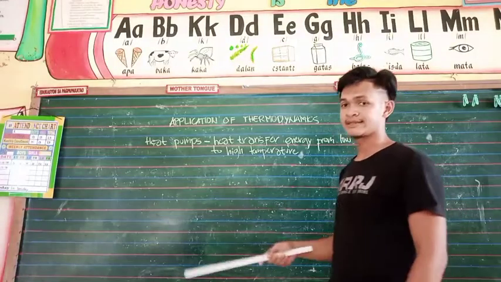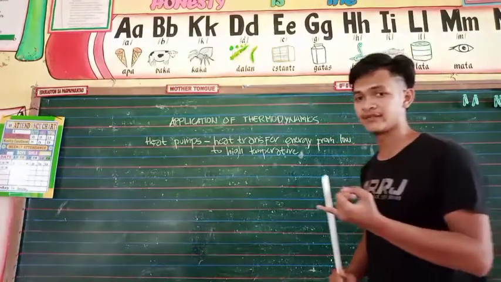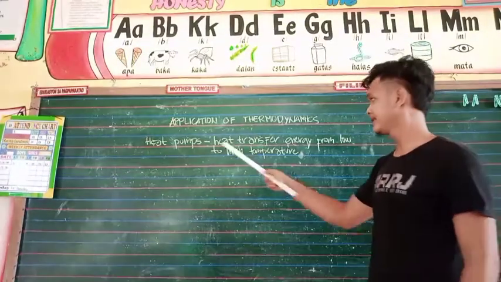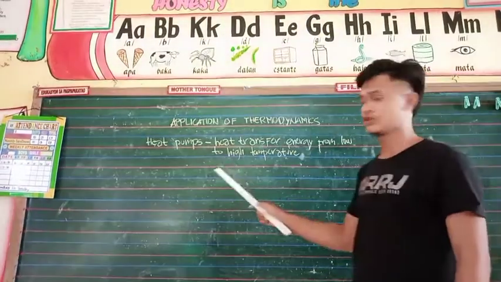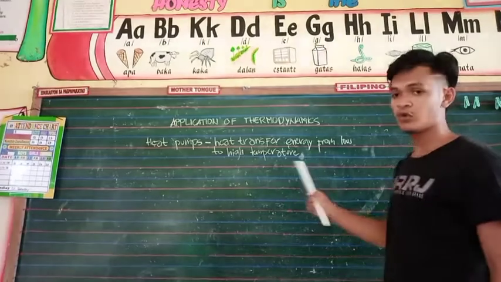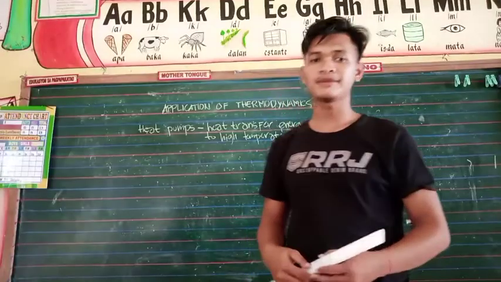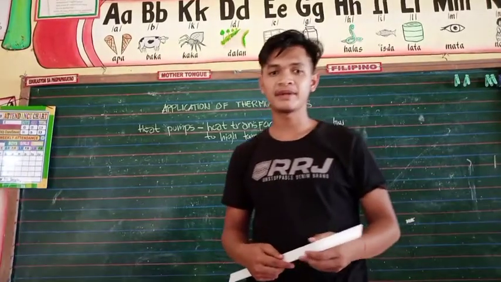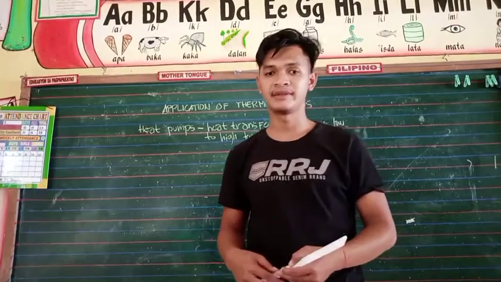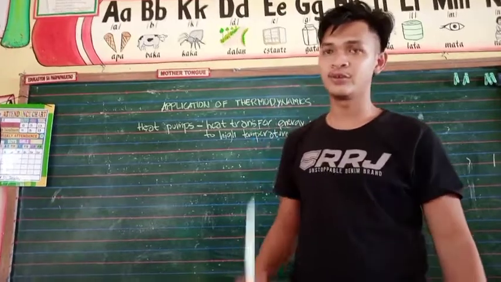Heat pumps. Examples are the air conditioner and refrigerator, which utilize heat transfer of energy from low to high temperature, and it is opposite to what a heat engine does. The purpose of heat pumps is to transfer energy by heat to a warm environment, such as a home in the winter.